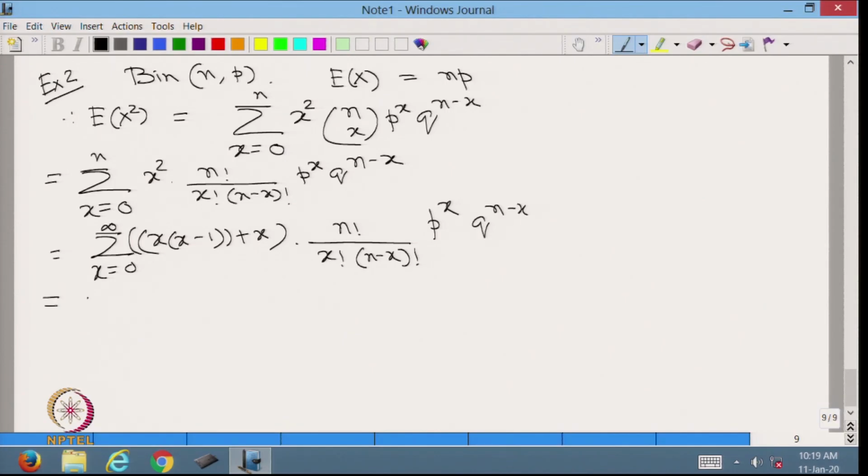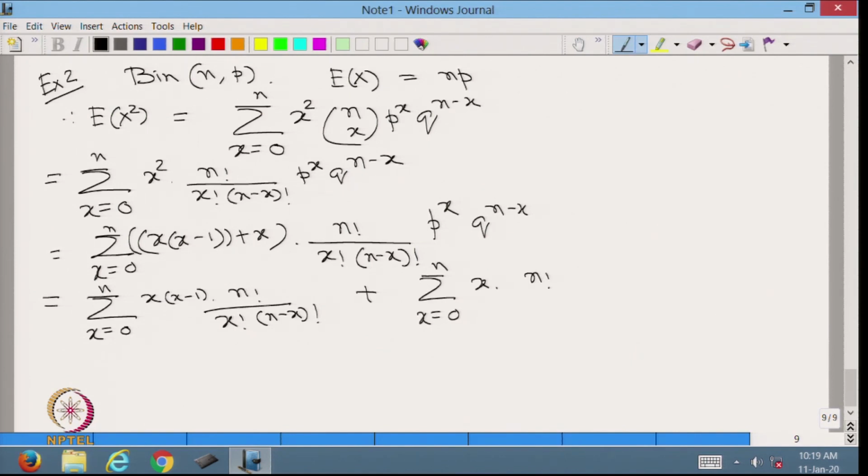This is equal to sigma x equals 0 to n of x into (x minus 1) into n factorial over x factorial (n minus x) factorial, plus sigma x equals 0 to n of x into n factorial over x factorial into (n minus x) factorial, p to the power x q to the power n minus x.